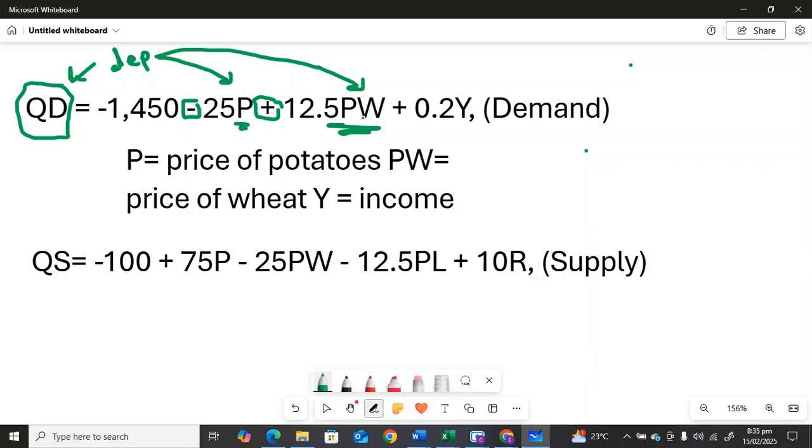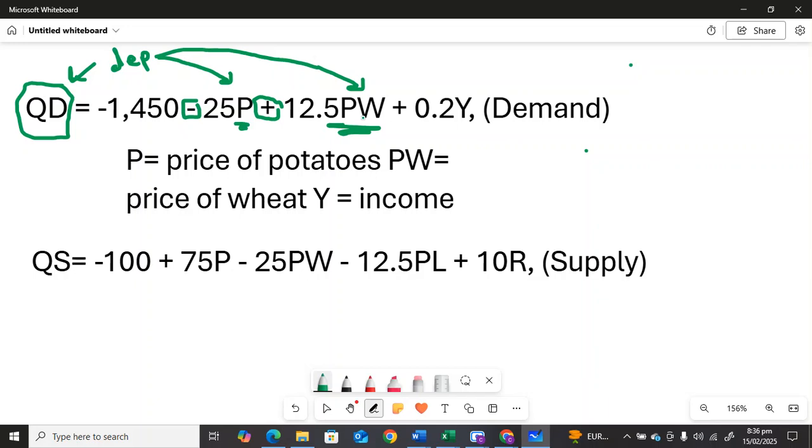But if the price of wheat goes up, people are going to substitute the wheat with potatoes. That's why the quantity demanded for the potatoes is going to go up.